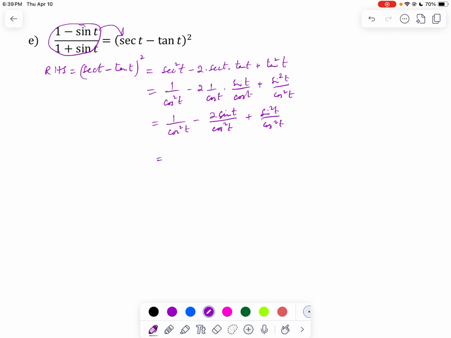This is equal to, now the denominator is the same. So on the top, 1 minus 2 sine t plus sine square t. Now you can see that this quantity is the square of 1 minus sine t.